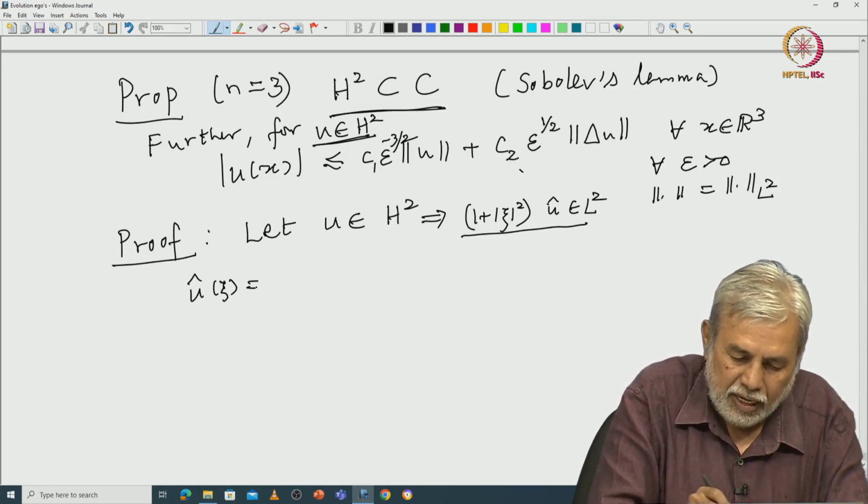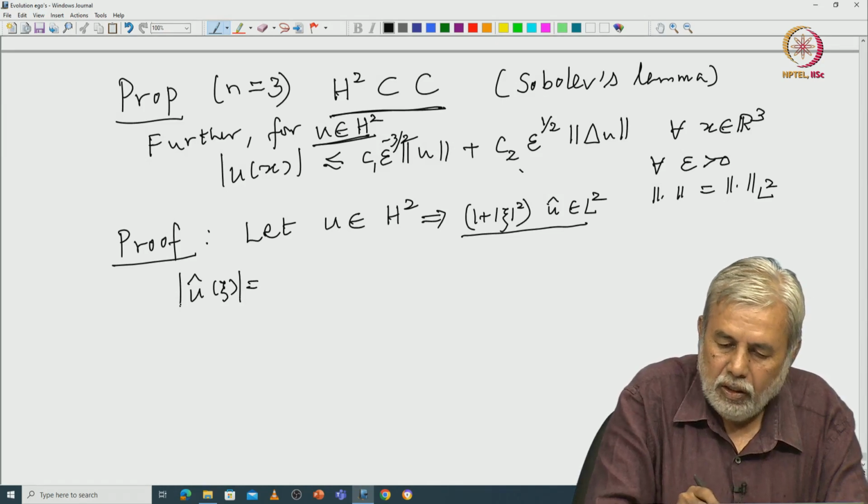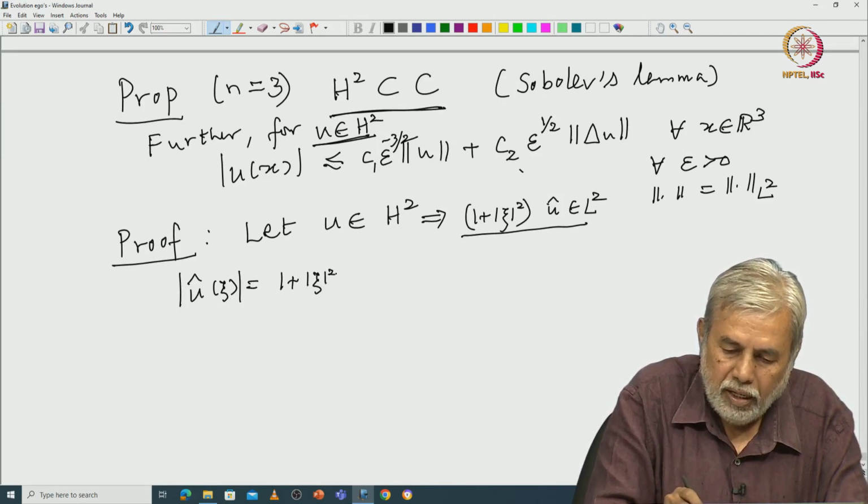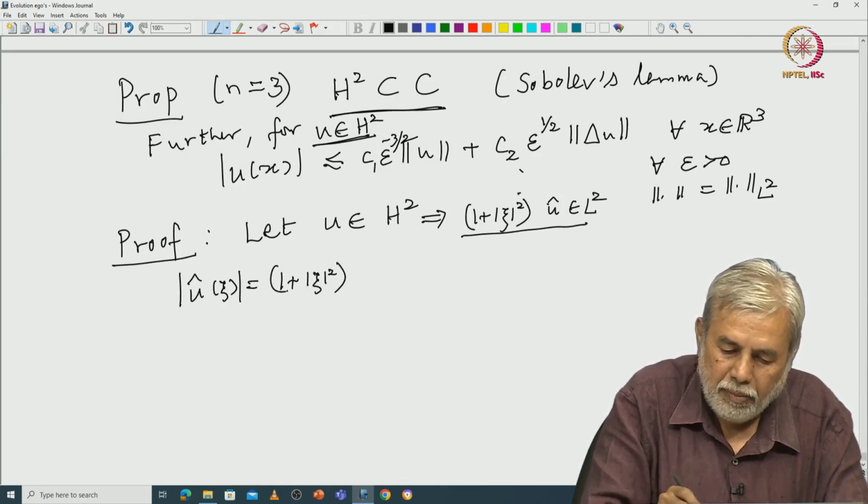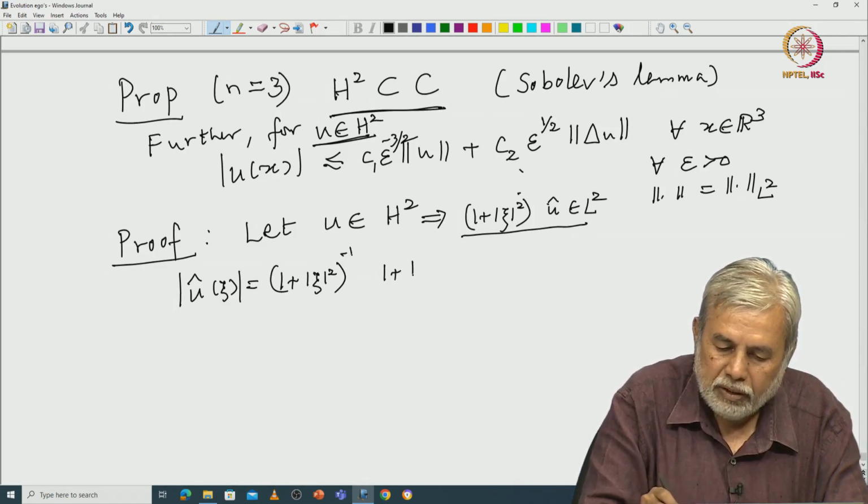Let me write that: 1 plus mod chi square, minus 1 plus mod chi square, times u cap. This you have seen many times, of course, just writing that.